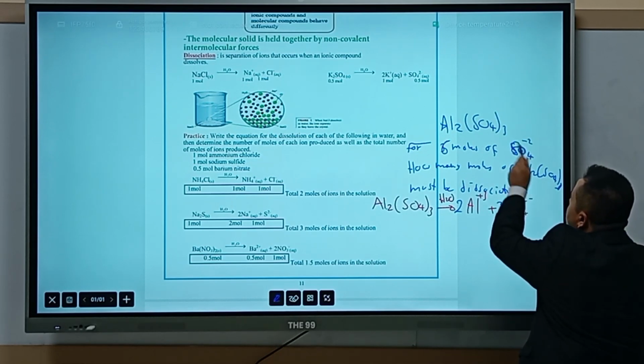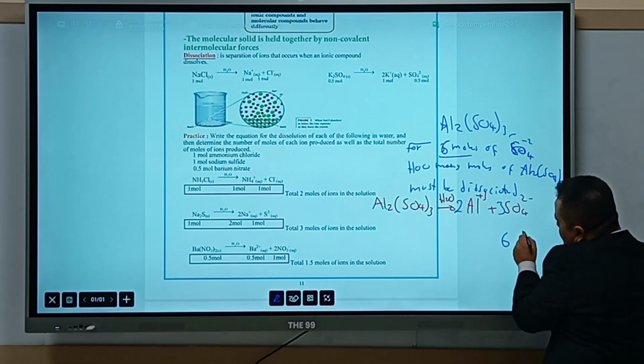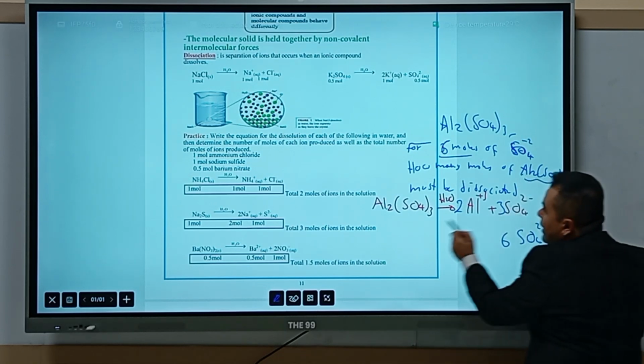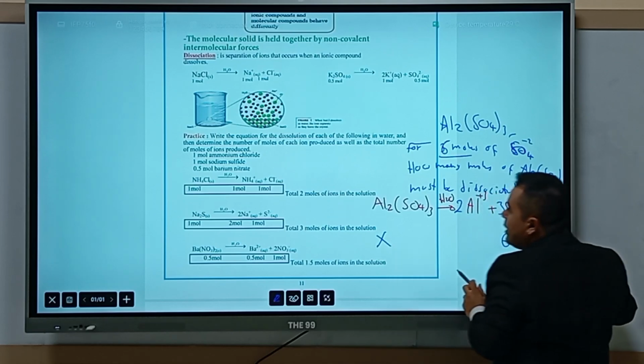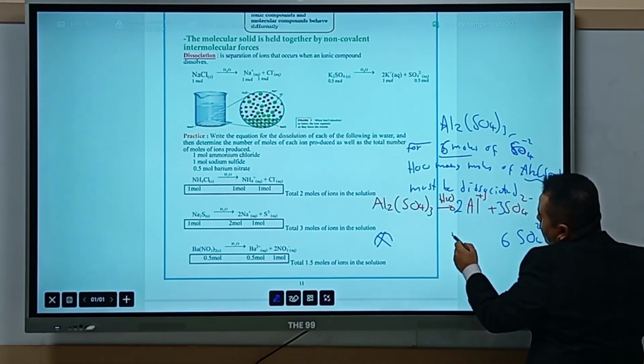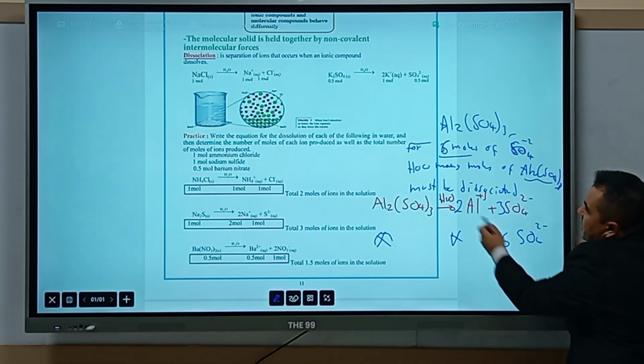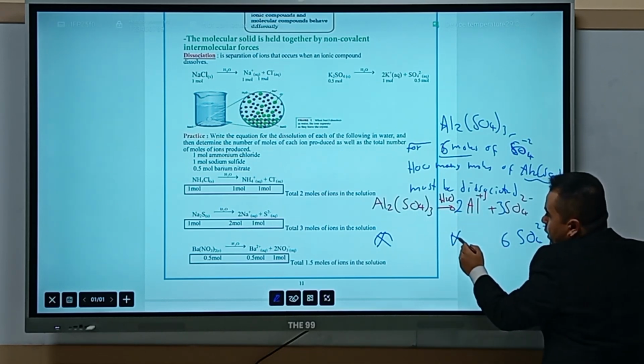The relation is between what and what, guys? SO4 is given, 6 moles. Required is to find the mole of aluminum sulfate. Aluminum and aluminum sulfate, we can find both.